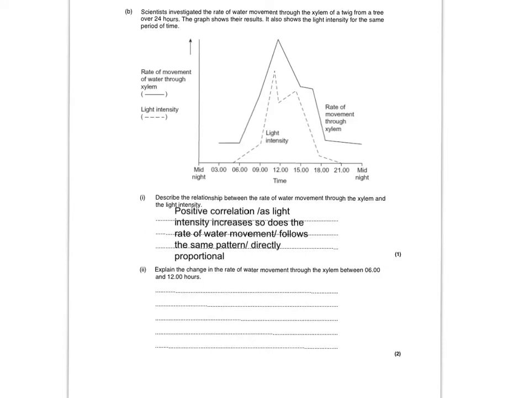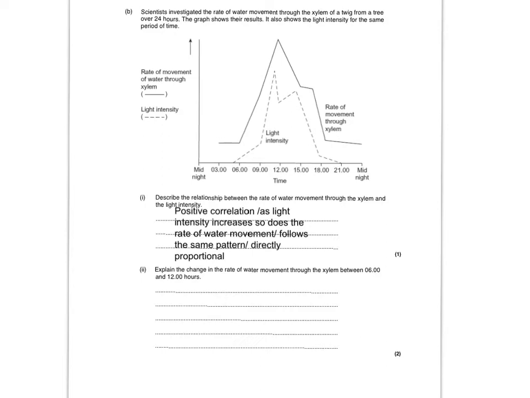The next question. Explain the change in the rate of water movement through the xylem between 0600 and 1200 hours. So you need to go to the graph and look at what is happening between 0600 and 12. Now you need to be very careful here. The question is not describe but explain. Have a go.